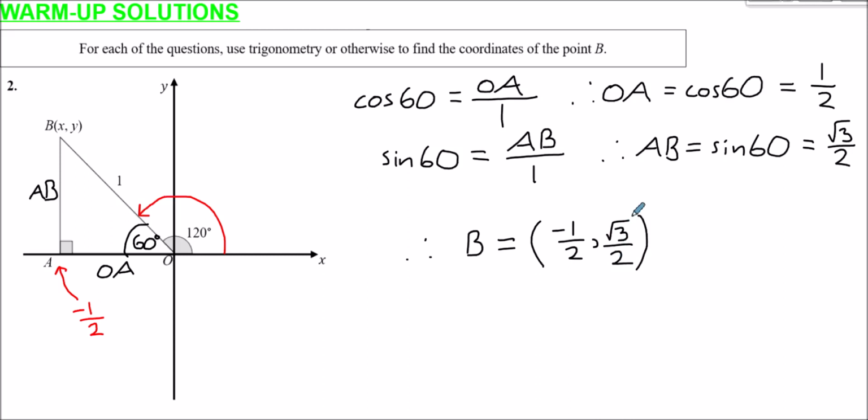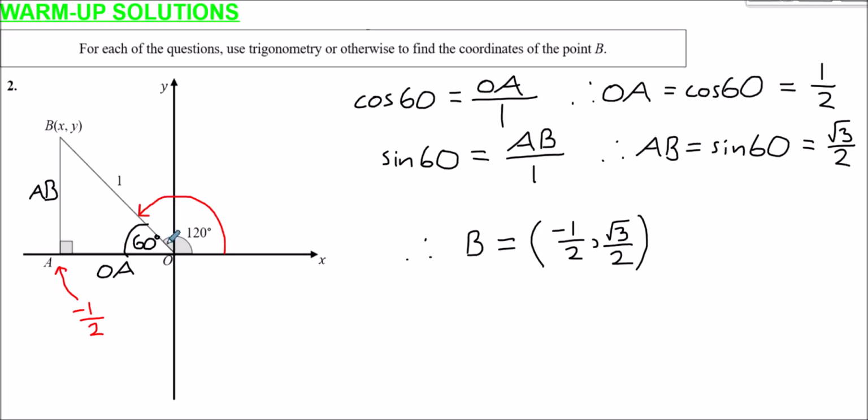So again, we can see here that the x-coordinate of B is related to the cosine function. So it wasn't 1/2, it was -1/2, but it had the same magnitude as the cosine of 60. It just happened to be negative. So it still relates to the cosine of the acute angle in between the point and the x-axis.